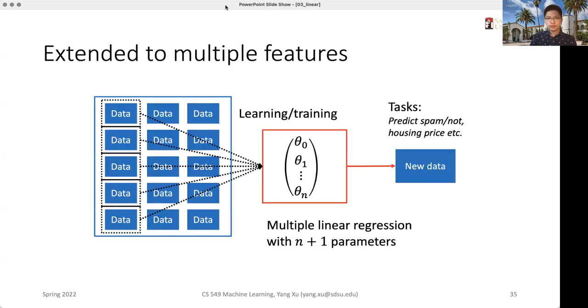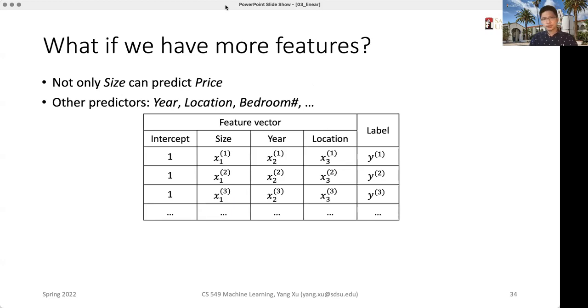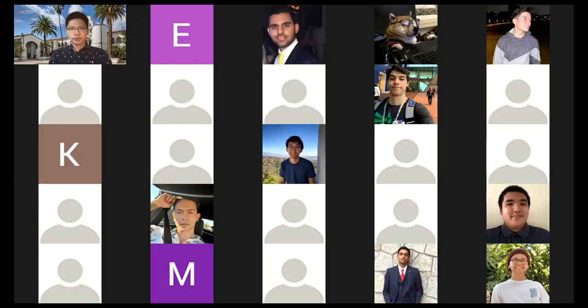So if we go back to the case for, let me reshare the slides again. Let me go back to the simple linear regression case.